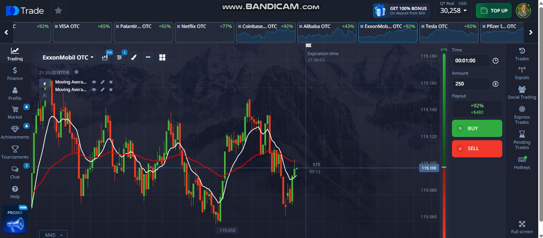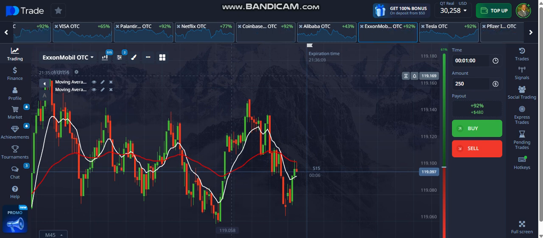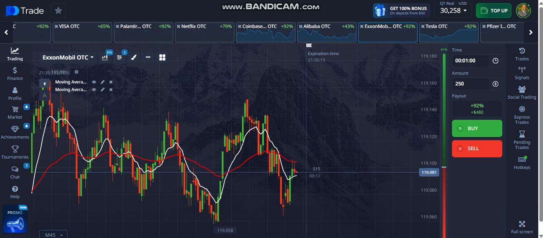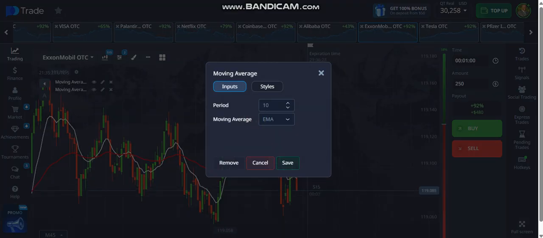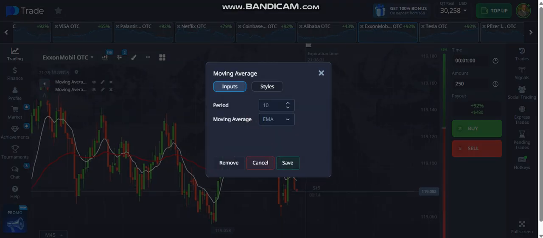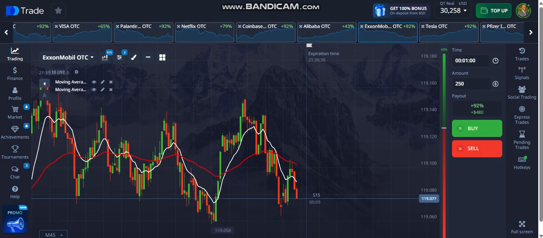Today I'm on the platform Pocket Option, and I'm going to be trading some stock OTC pairs. I have two moving averages that I'm going to be utilizing. The first is the 10 exponential moving average, which is the white line there.